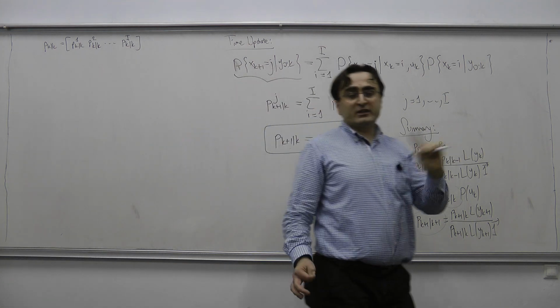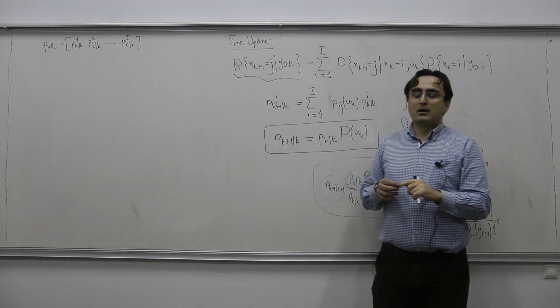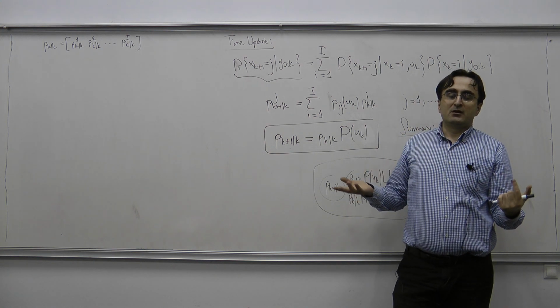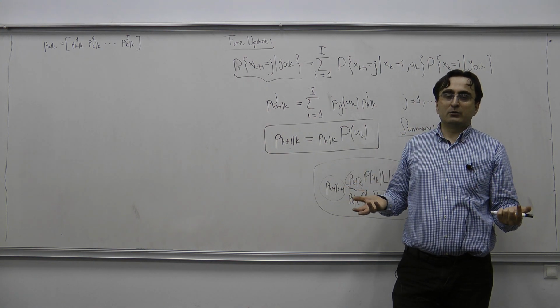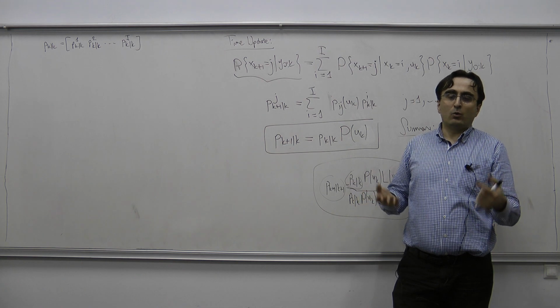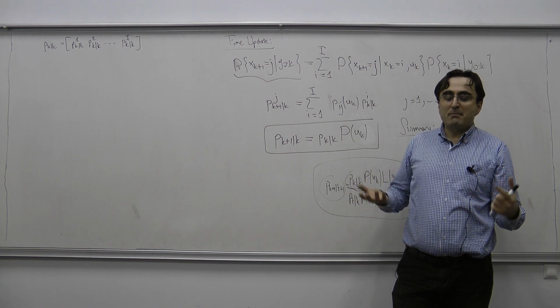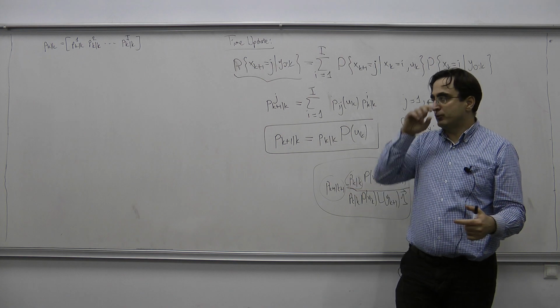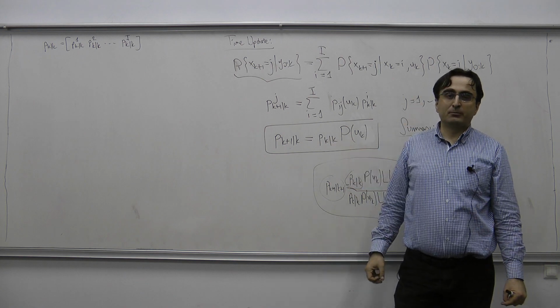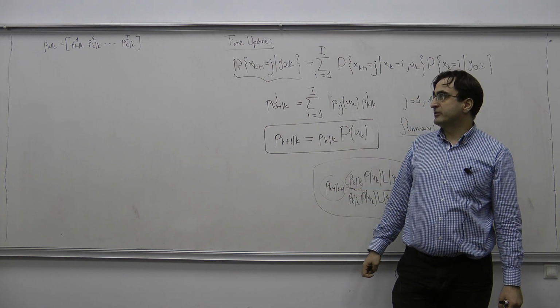Okay? So this is going to give us probabilities. Given these probabilities, how can I estimate the actual value of the state? So how can I know what the state is? How can I make a guess, or what would be a possible value of the state?